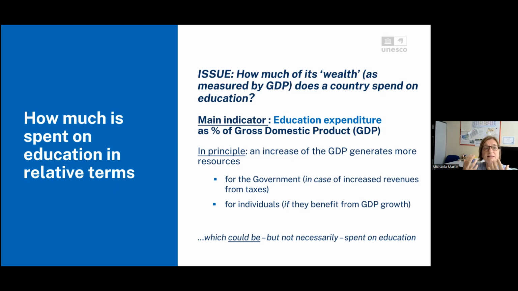It means that these possibly supplementary resources could possibly, but are not necessarily, spent on education. So this is why a close look at the GDP and how it will evolve, measured through the GDP growth rate, is an important element.